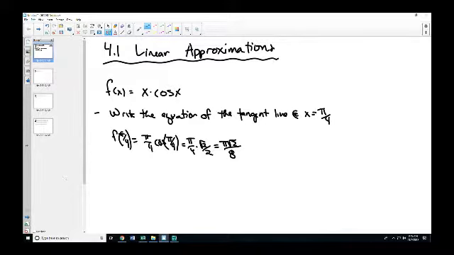And this is, all right, so can you write part of your equation already? Yep, that's y. y minus pi root 2 over 8, the y value.